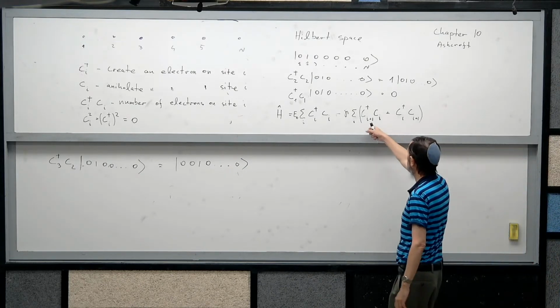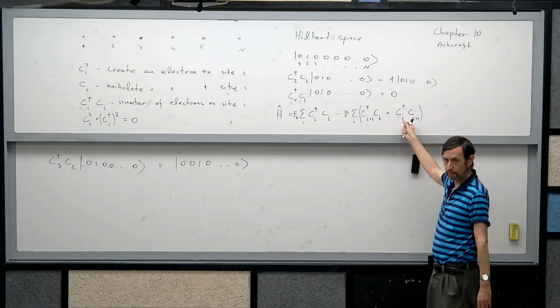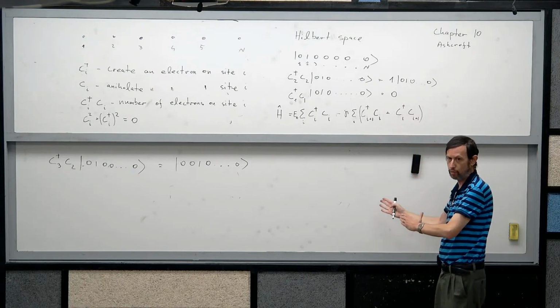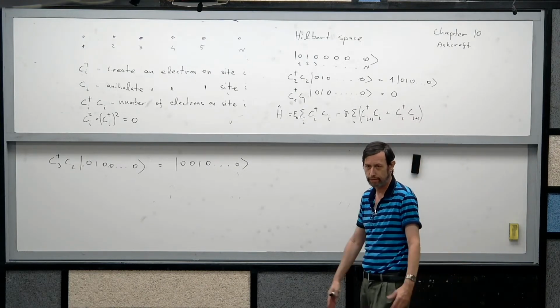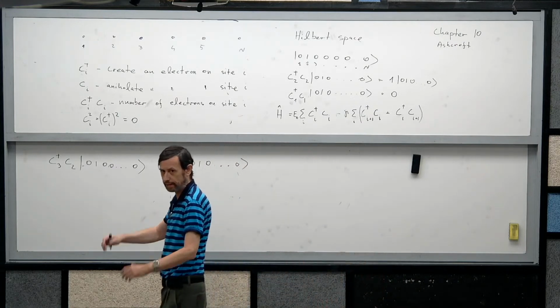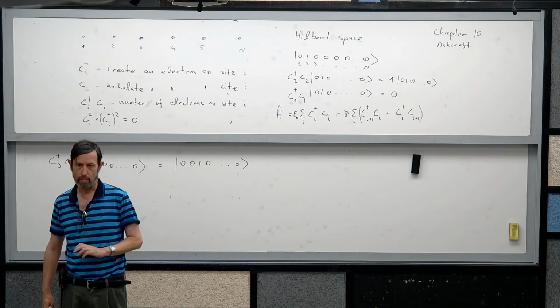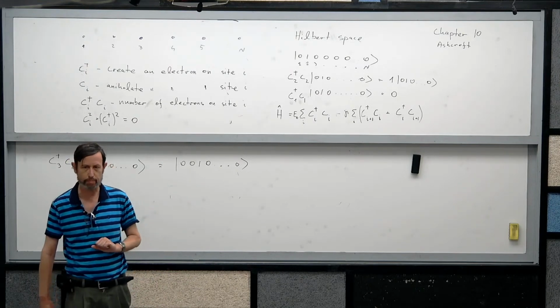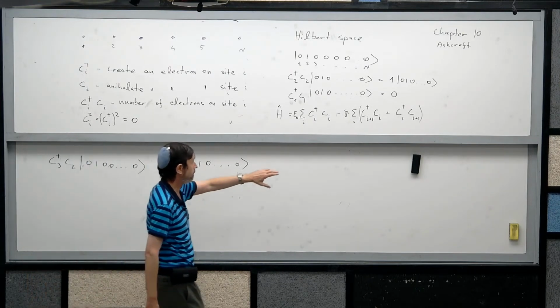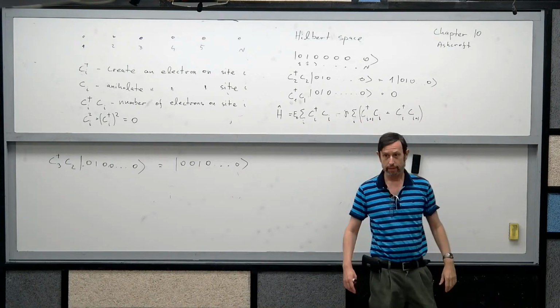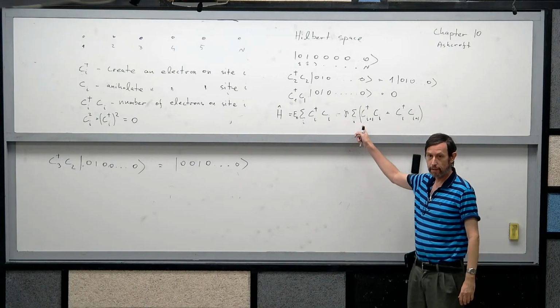Why do I have here a term and its opposite? Because the same that I can go to the right, I can go to the left. So I have to write down the two options. That's the physical explanation. The mathematical explanation, this guy by itself is not Hermitian.